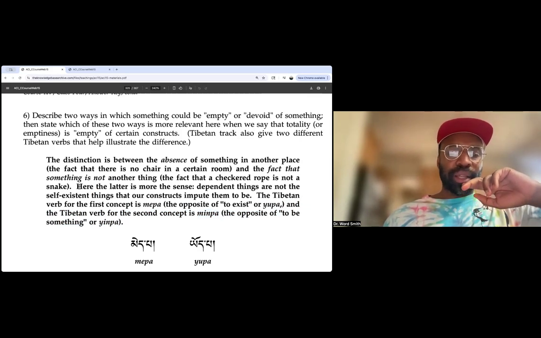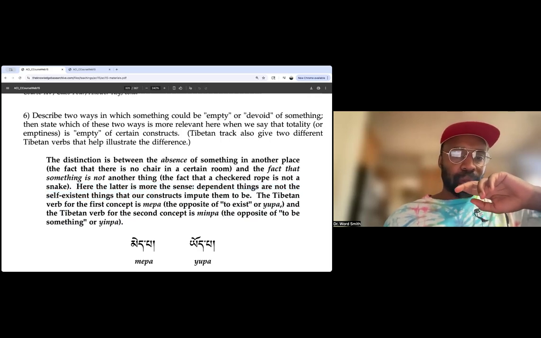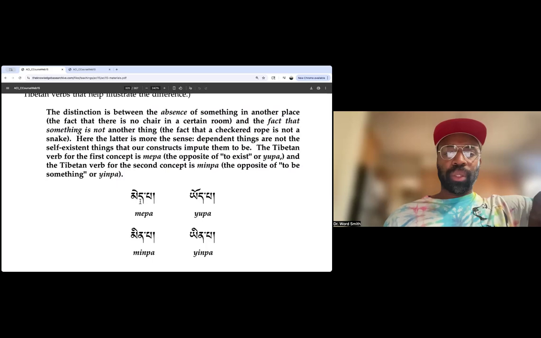He says the latter is more the sense. I said the former. That's fine. Cool. Mepa, absence; yupa, existence; minpa, not something specific; yinpa, it is that thing.